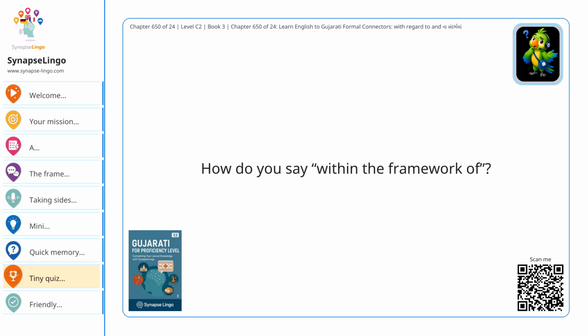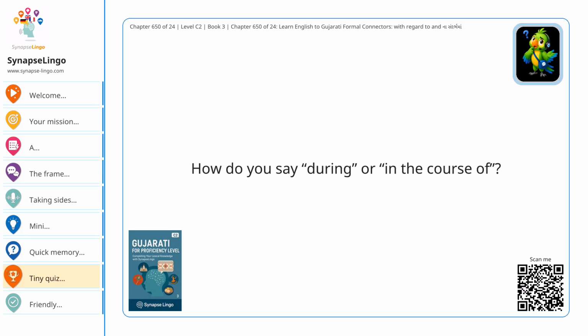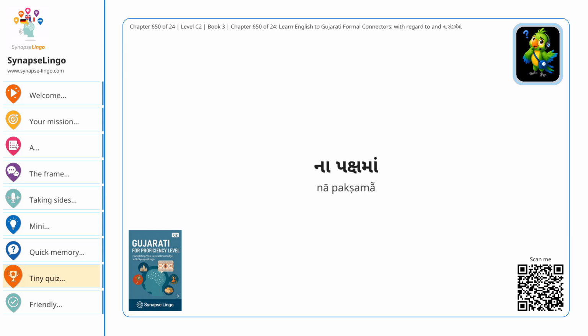How do you say, within the framework of? ના માળખામાં. How do you say, on the basis of? ના આધારે. How do you say, during, or, in the course of? દરમિયાન. How do you say, in favor of? ના પક્ષમાં. How do you say, at the expense of?